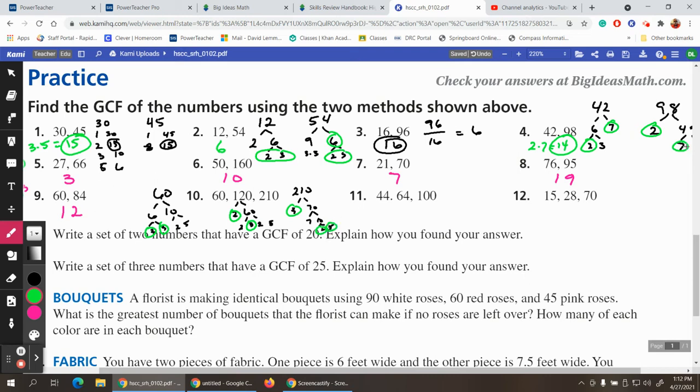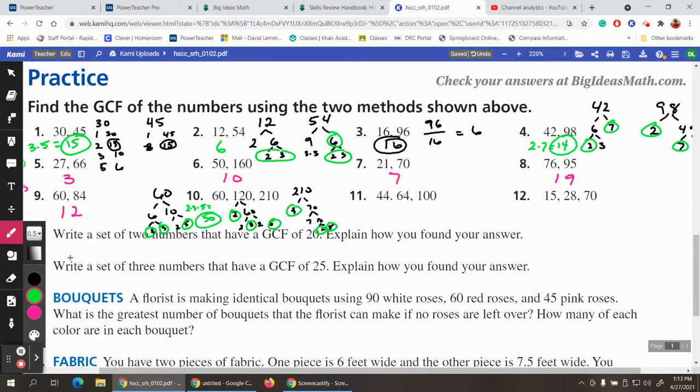This has a 5, this has a 5, this has a 5. There you go. So for number 10, this would be 2 times 3 times 5, which is 30. So that would be 30.